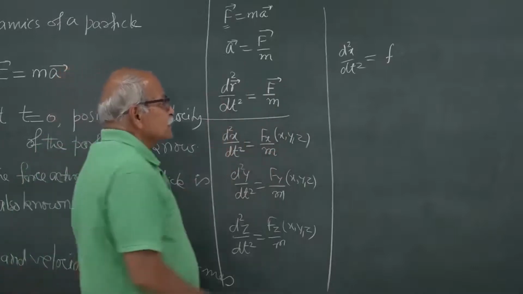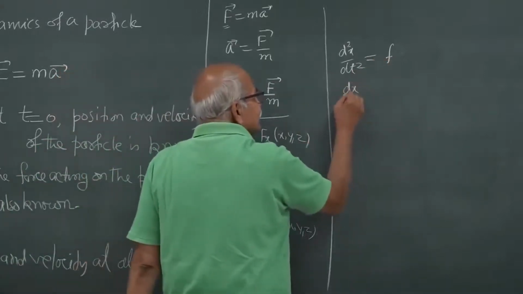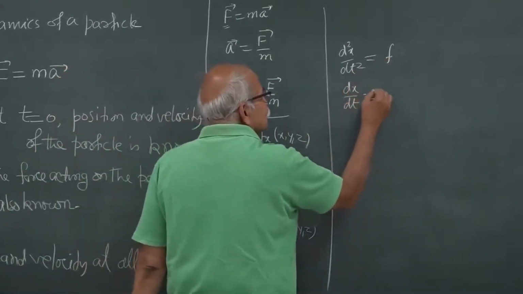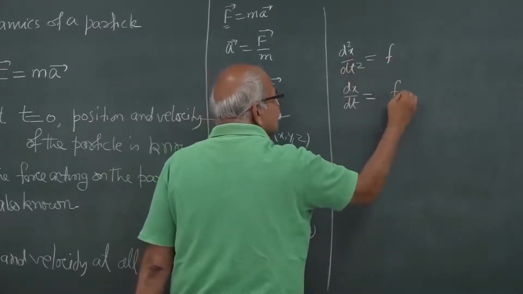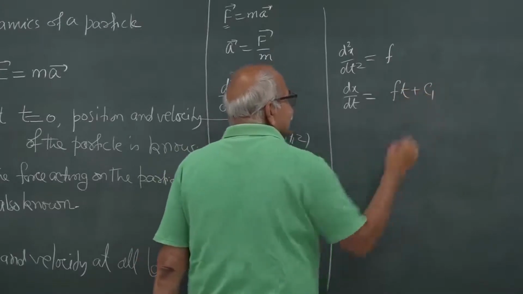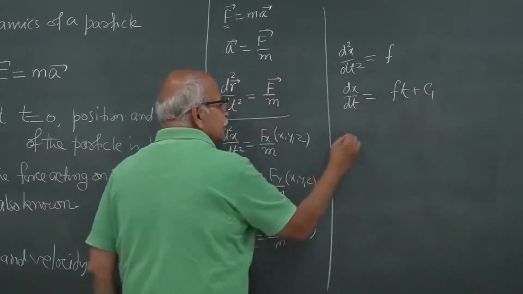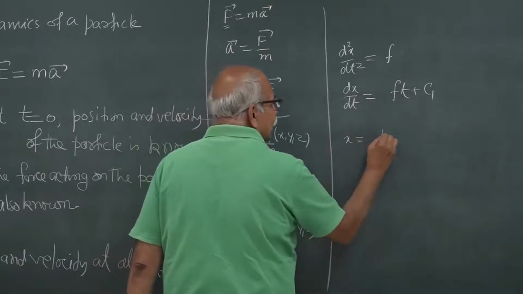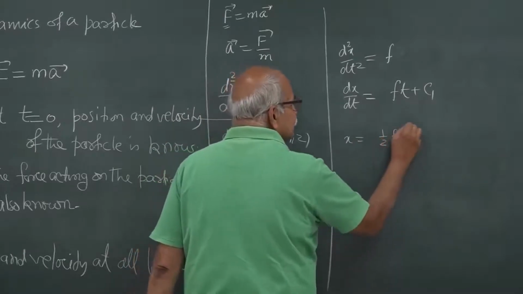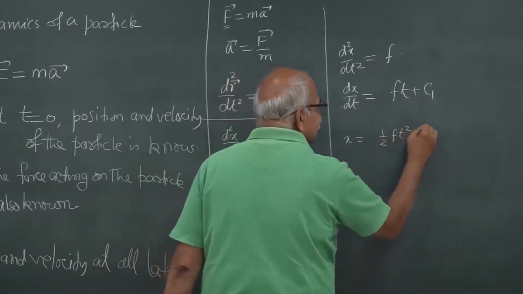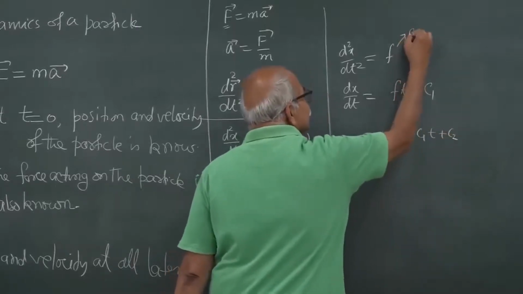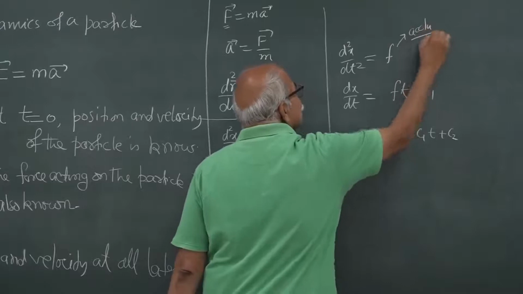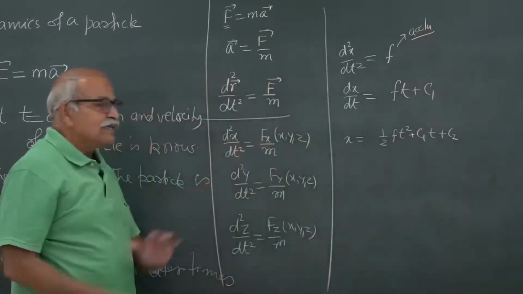Then you can always integrate it. dx dt is equal to, this is one integration, F into t plus some constant c1, and then again integrate it, x is equal to half F t square plus c1 t plus c2, and this is the acceleration which is constant, which is known because it is F divided by m.